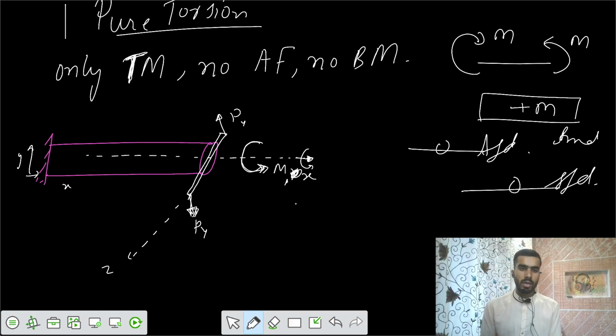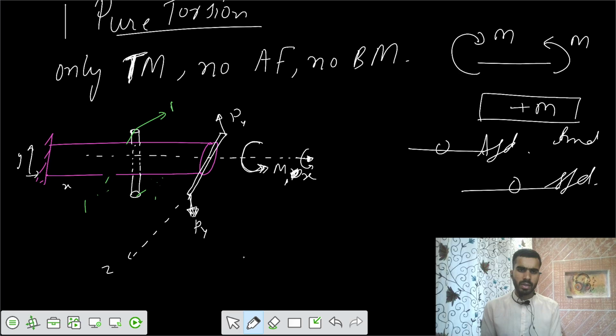Similarly, let's say you installed a bar here along the vertical. Now you are applying a force in the Z direction, let's say this is P, clockwise. Let's keep the sign in the opposite direction.